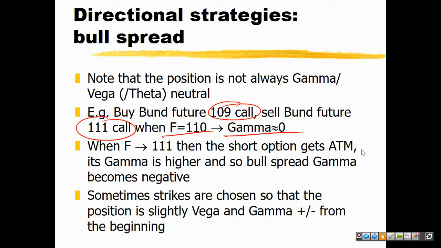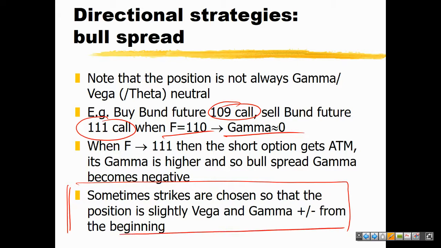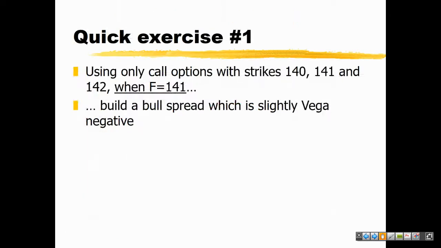As an extra step, not only if the price moves, the strategy which is perfectly balanced from a point of view of the other Greeks becomes unbalanced, but sometimes you can even choose the strikes precisely in such a way that the position is slightly Vega and gamma positive or negative.